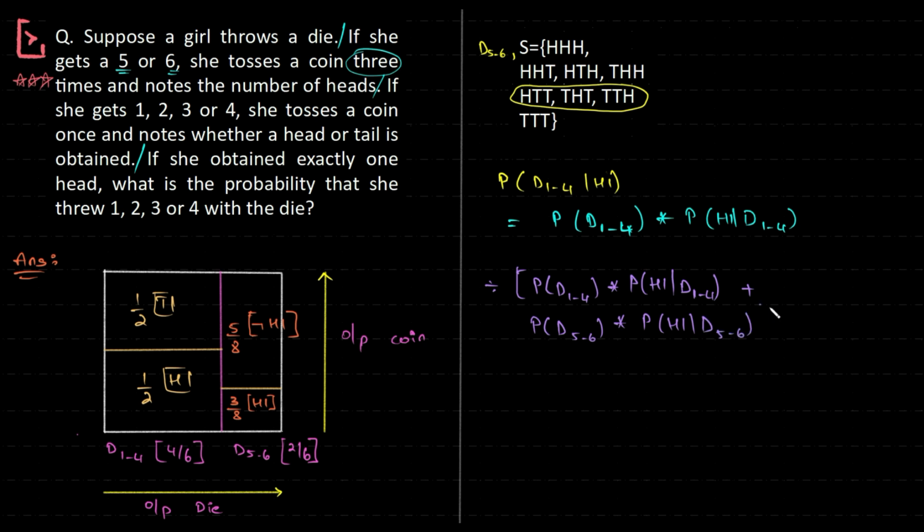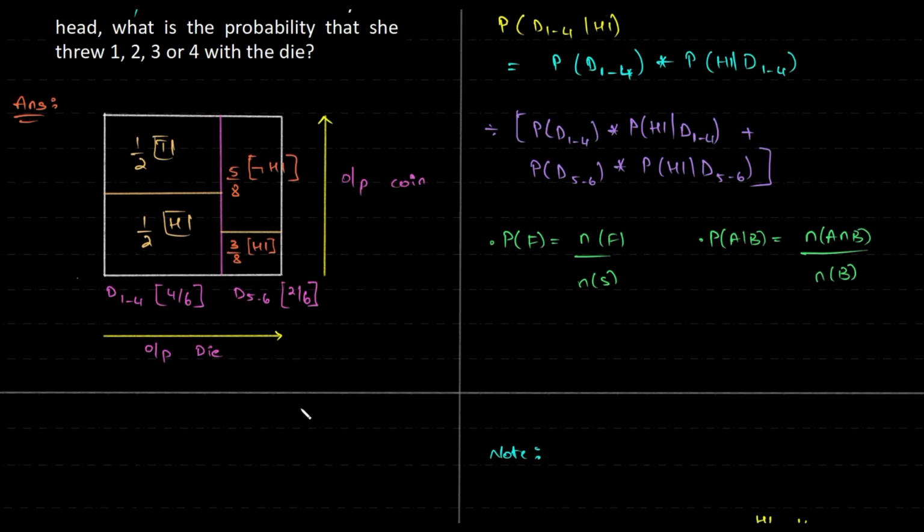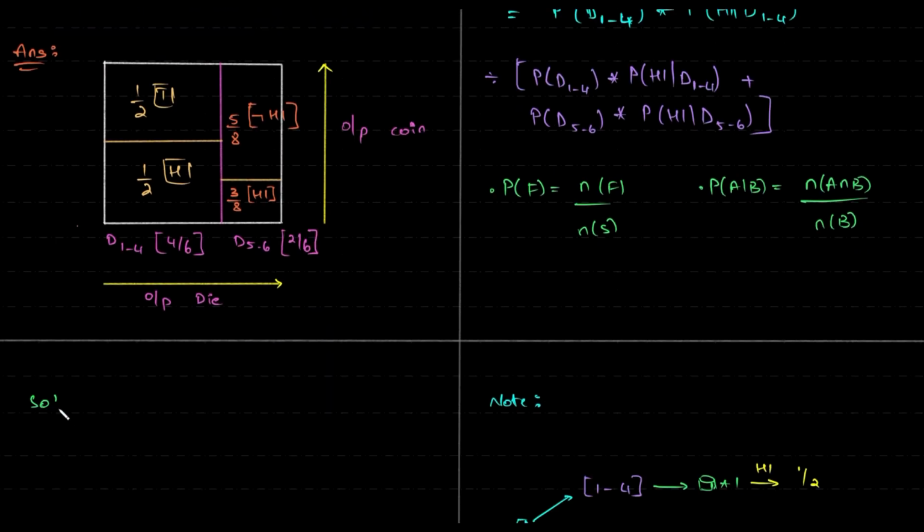And we have to make use of probability of favorable event is equal to, and probability of A given B is equal to probability of A intersect B, the number of outcomes, divided by number of outcomes in B. And finally, we have the solution.